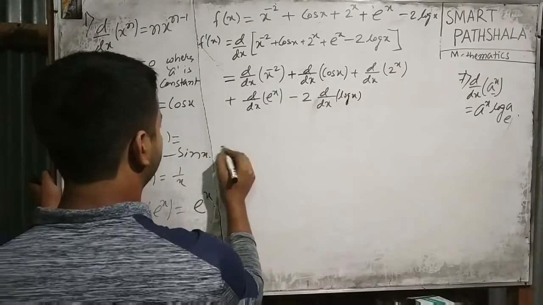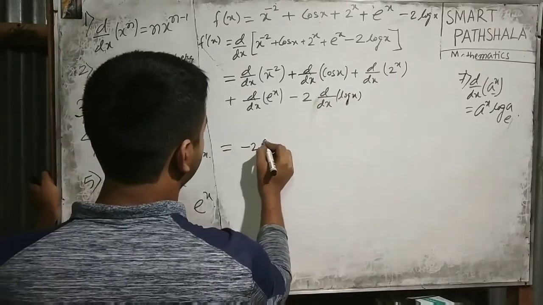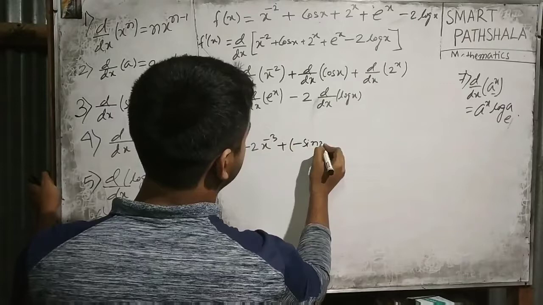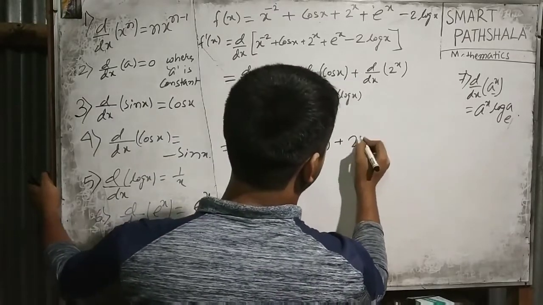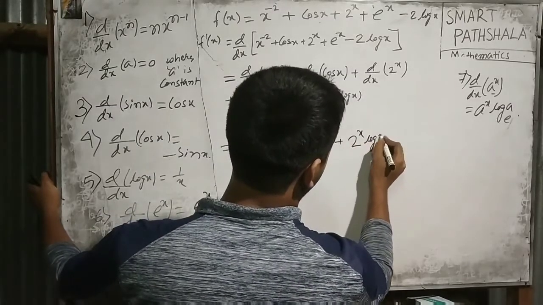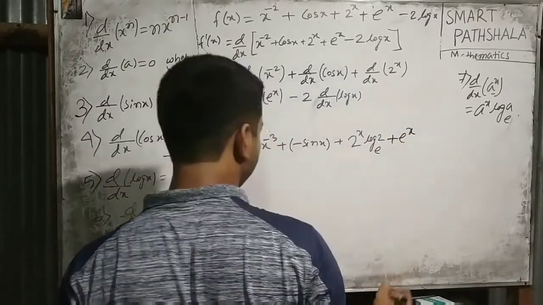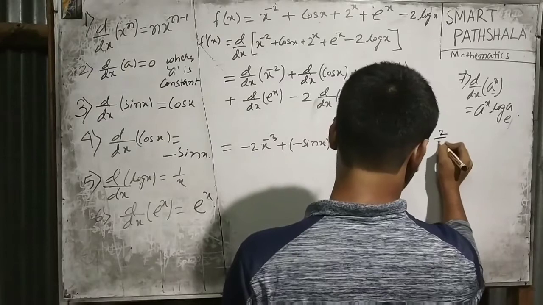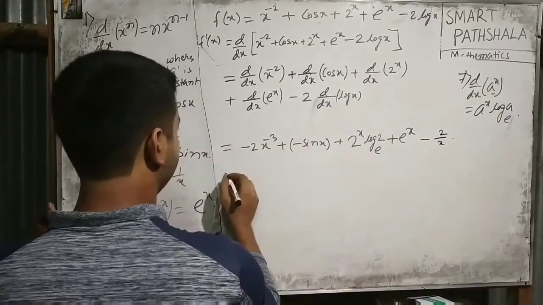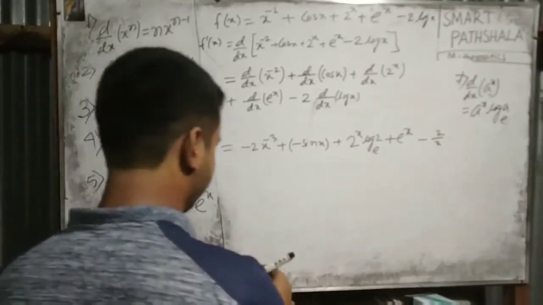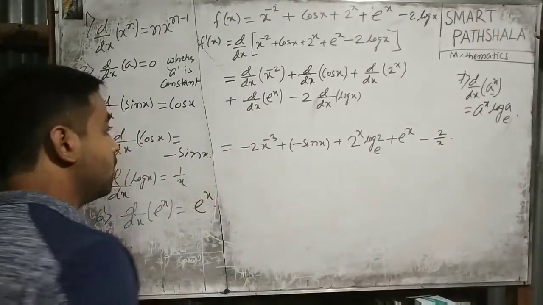Now apply formulas only: minus 2 x to the power minus 3 plus cos x means minus sin x plus 2 to the power x log 2 to the base e. Then here it will be as it is, e to the power x, and here it will be 2 by x. So you can write it like this.